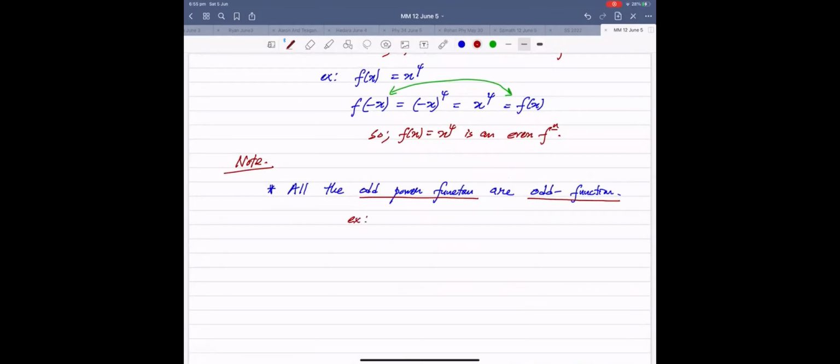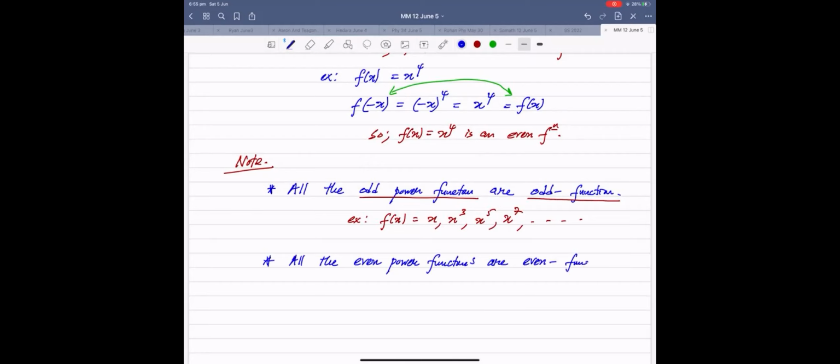Example, f(x) is equal to x, x^3, x^5, x^7, and so on. All are odd functions. Next, all the even power functions are even functions.